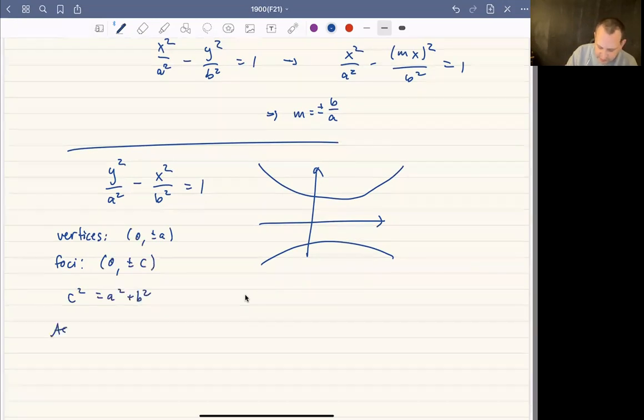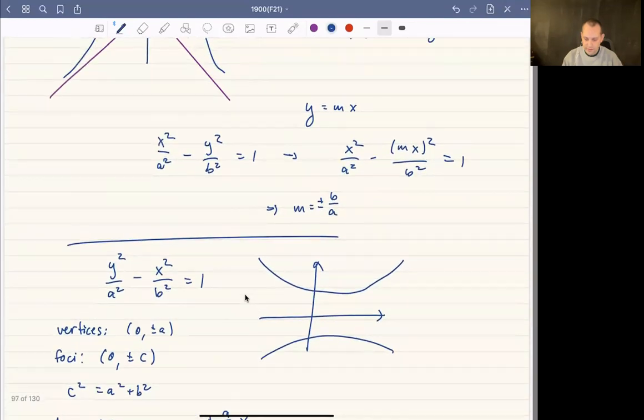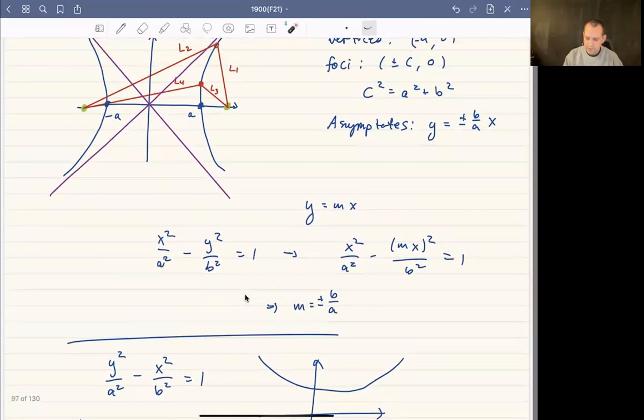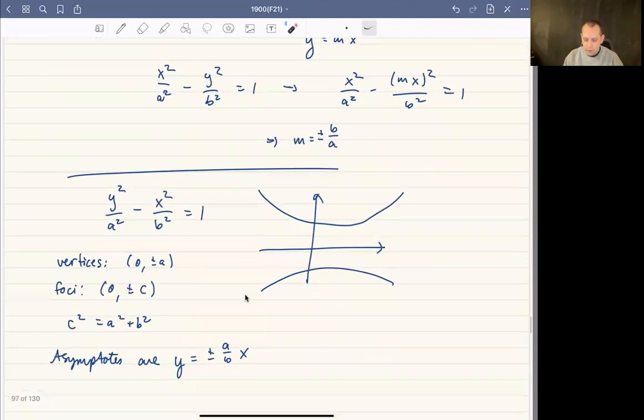And then the asymptotes are going to be y equals plus or minus a over b x. So what I did is I switched the role of x and y here. If you switch the role of x and y, you get x equals plus or minus b over a y, or y is equal to plus or minus a over b x. Okay, and so those are the asymptotes.